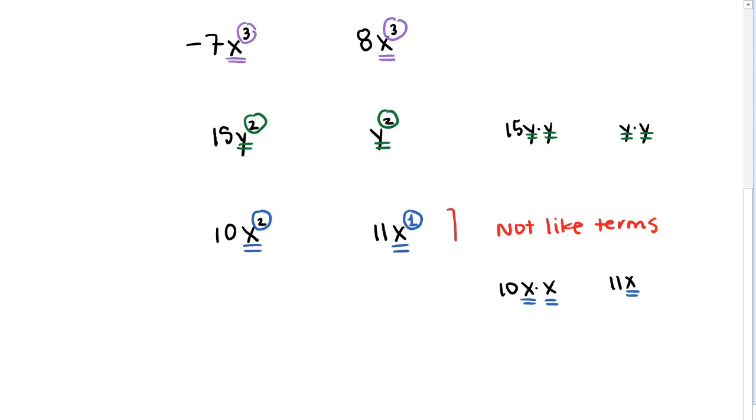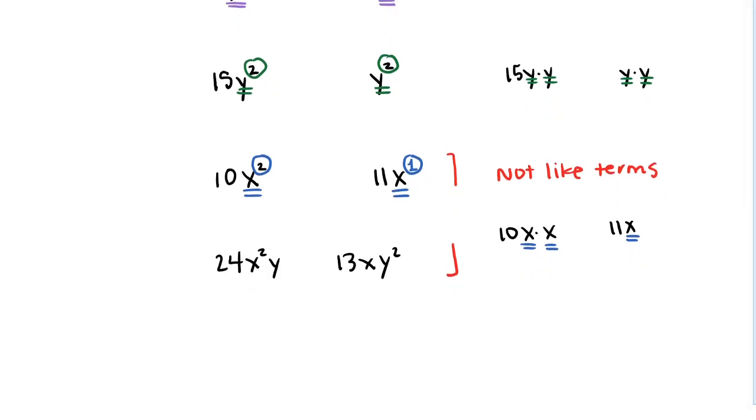Let me give you one more set of examples. Let's say 24x squared y and 13x y squared. This is another non-example. We do have the same variables, x here and y here.